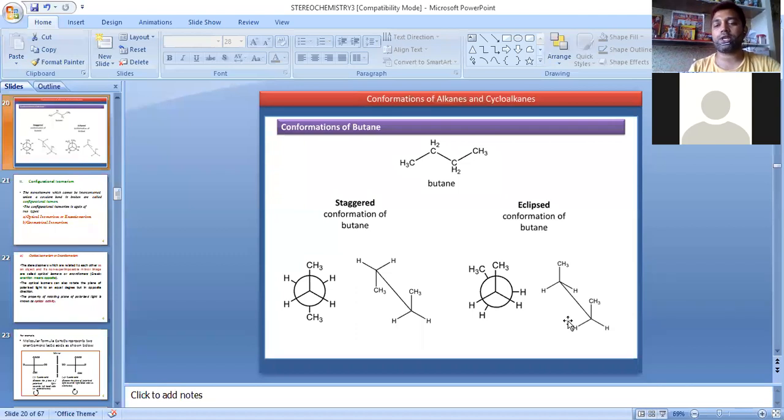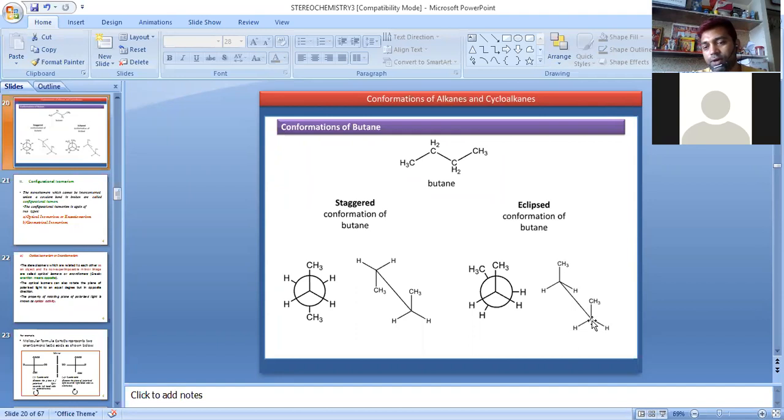Similarly, in Sawhorse projection, see this back carbon bonding, it is like inverted Y, isn't it? And the methyl group is at the top. Similarly, on the front carbon also, this bonding is like inverted Y, and the methyl group is at the top.